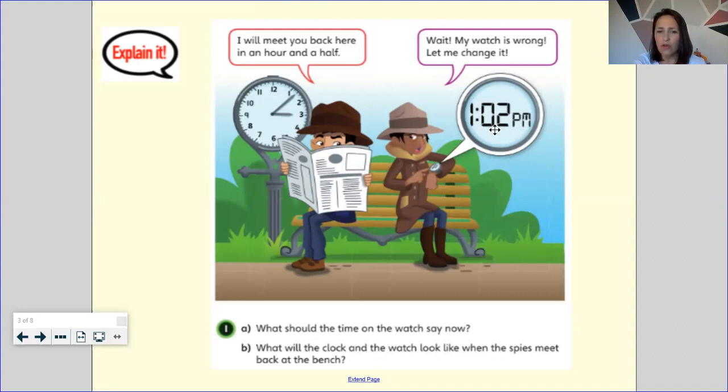And then what will the clock and the watch look like when the spies come back to that bench? So an hour and a half is going to go by. So the hour hand is going to move all the way around to the next hour. So the minute hand is going to spin around 1 full time and then another half time.